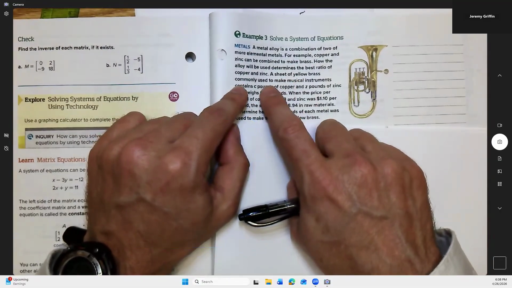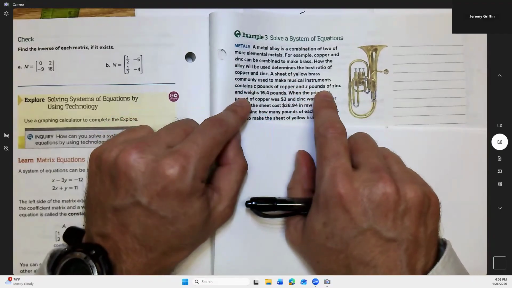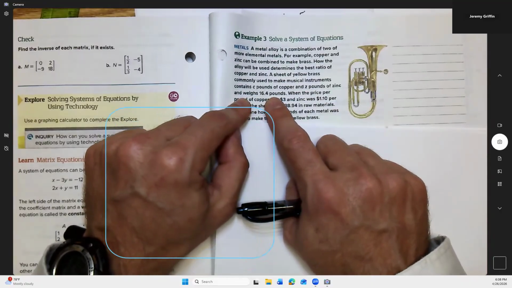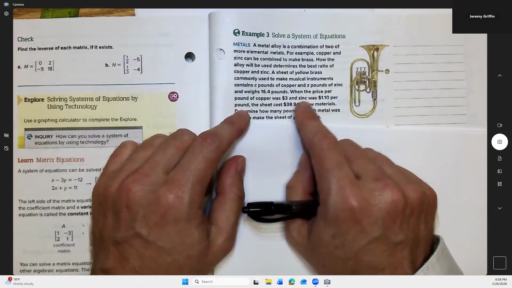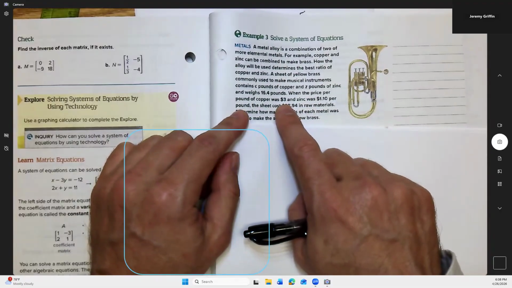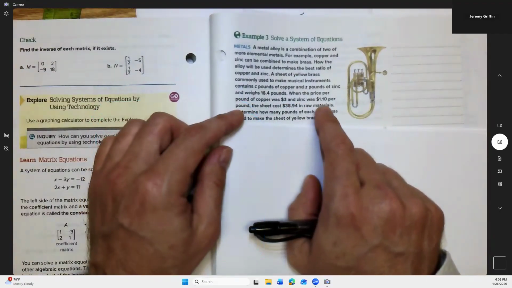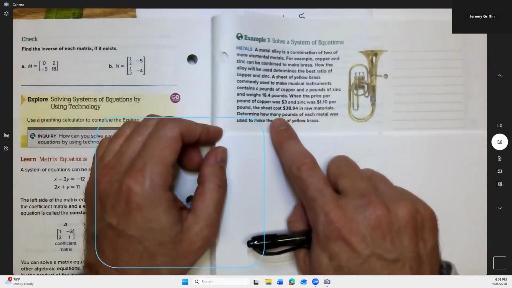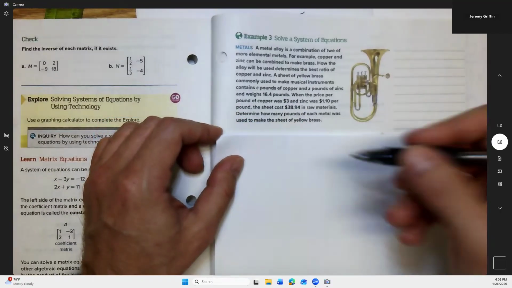A sheet of yellow brass commonly used to make musical instruments contains C pounds of copper and Z pounds of zinc, and weighs 16.4 pounds. That looks like the copper plus the zinc. When the price per pound of copper is $3, and $1.10 per pound for zinc, the cost of this is $38.94. How many pounds of each metal was used to make the yellow brass?